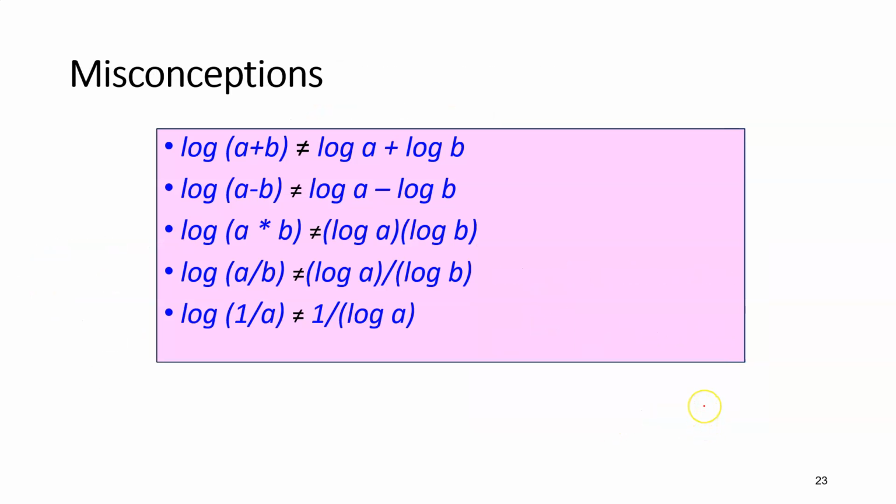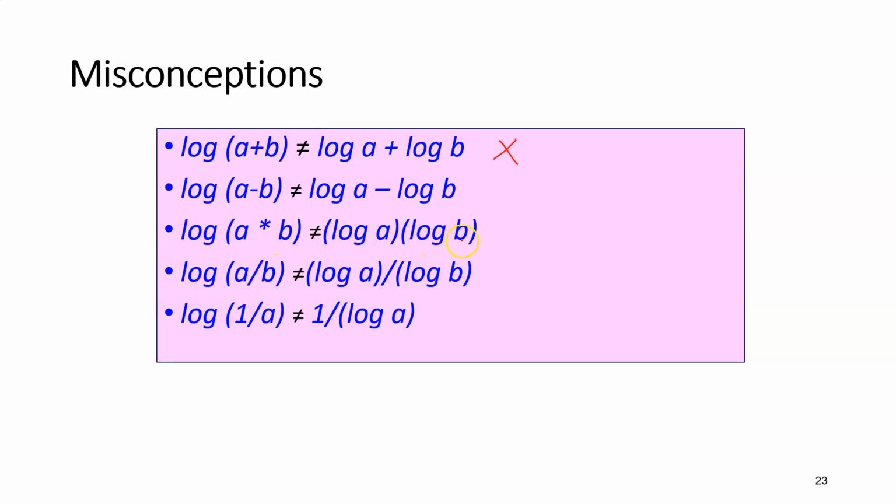So there are a few misconceptions about log. So be careful. Log of a plus b is not equal to log a plus log b. We cannot write it down as this one. This is wrong. This is totally wrong. And log of a minus b is not equal to log a minus log b. And log of a multiplied by b is not log a times log b.